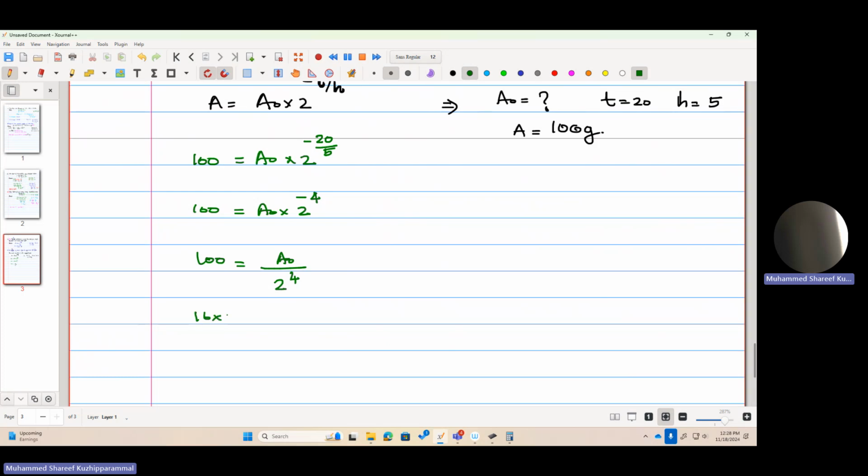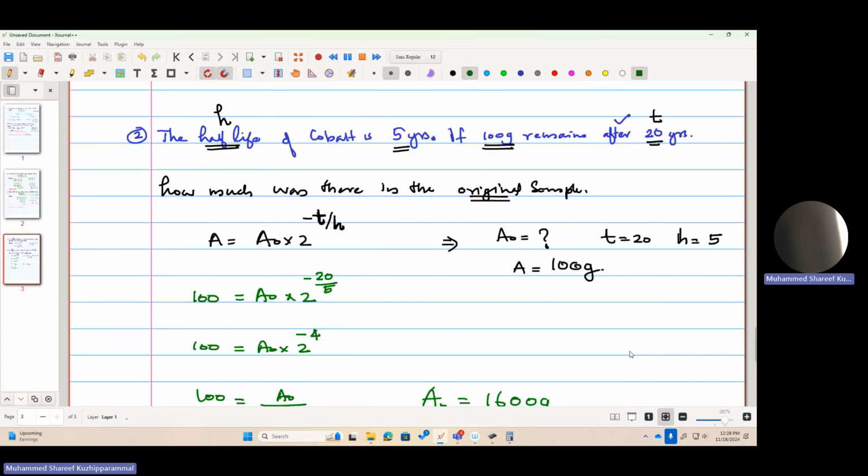So 16 times 100 is equal to A naught. So 1600 gram was there in the beginning. A naught is equal to 1600 gram. After 20 years, how much is it? 100 gram.